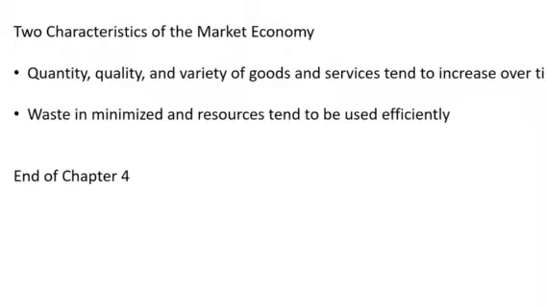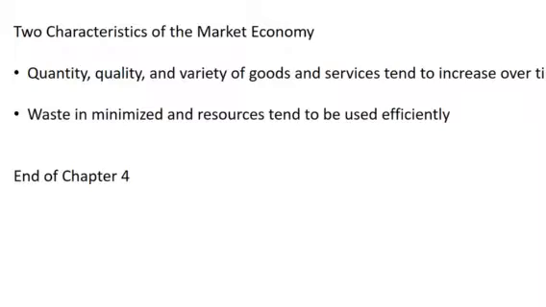So the two characteristics of the market economy: quantity, quality, and variety of goods and services tend to increase over time. And that comes straight from the competitive process. It comes straight from all of those entrepreneurs just trying to make a profit. And all of those increases in quantity, quality, and variety are increasing the standard of living of that nation for all of us in the economy.